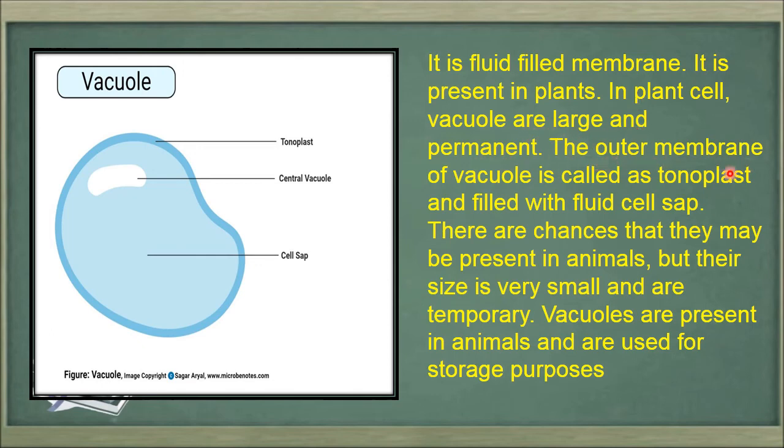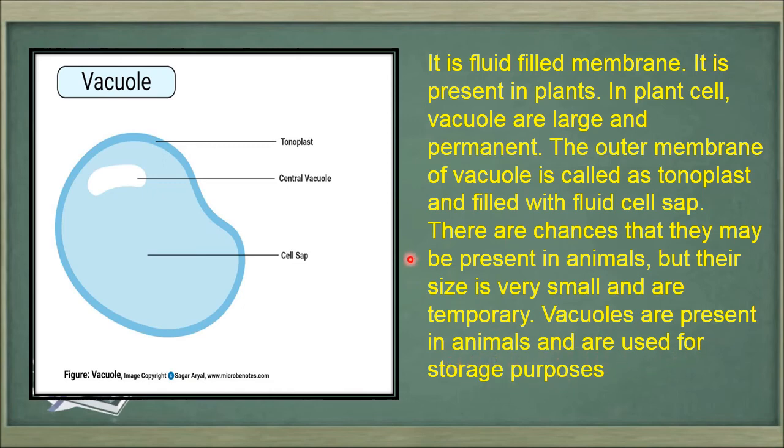The outer membrane of a vacuole is called the tonoplast and it is filled with a fluid called cell sap. They may be present in animals, but their size is very small and they are temporary. Vacuoles in animals are used for storage purposes.